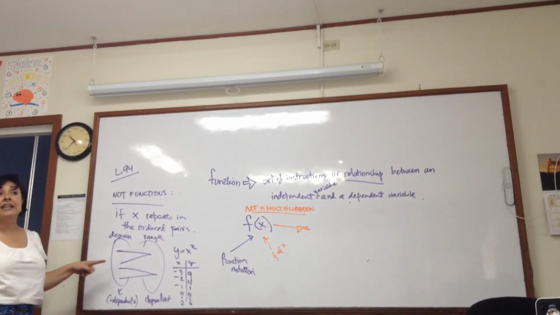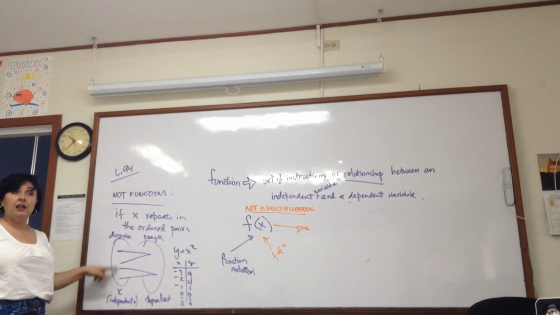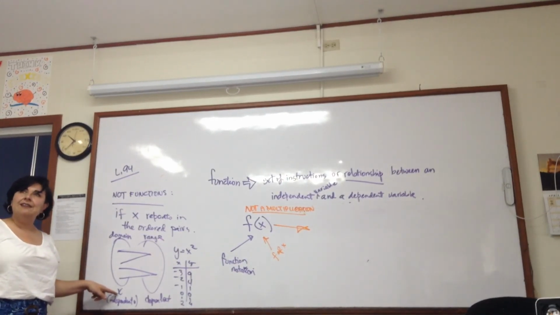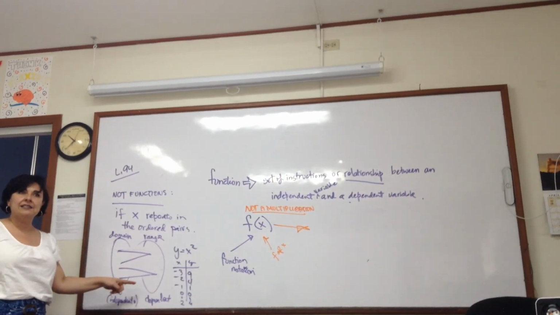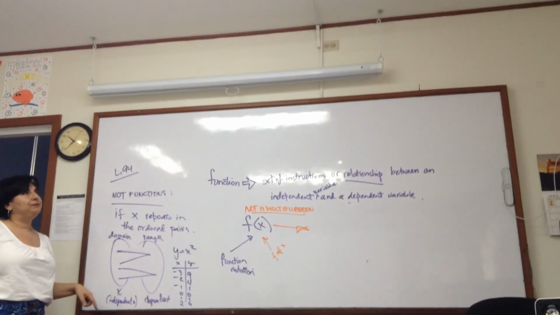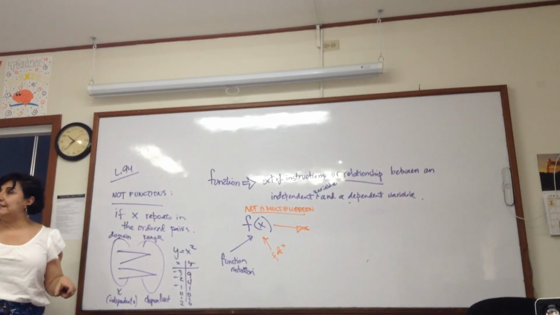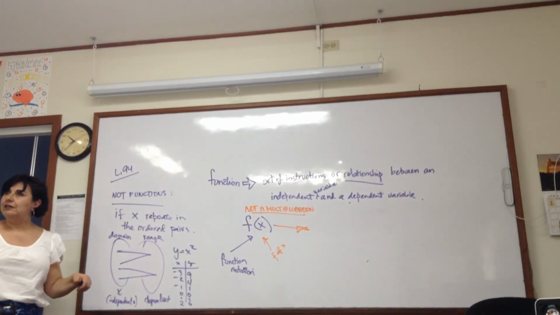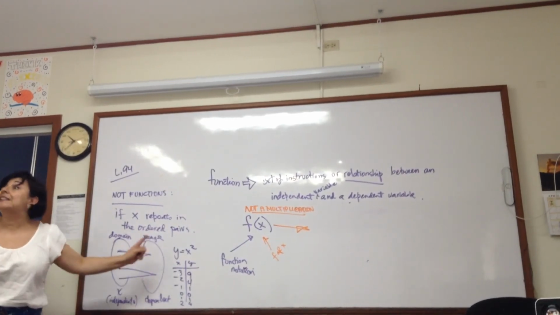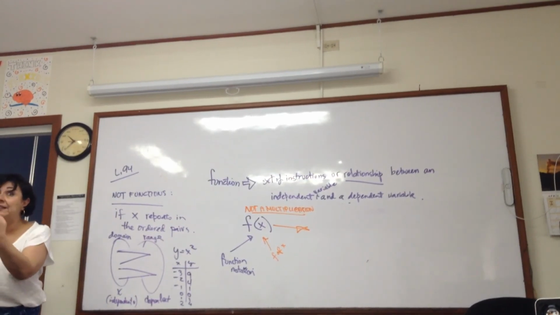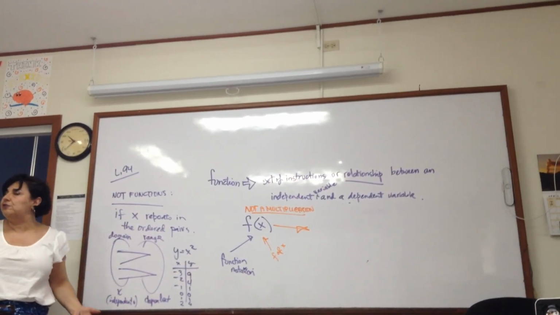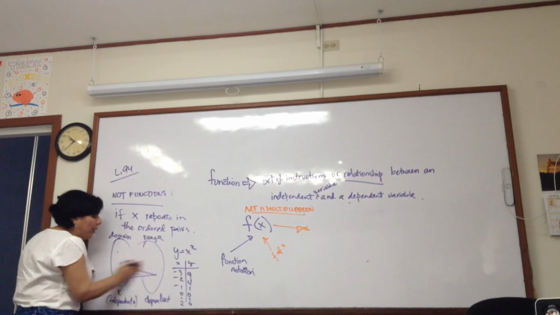I can get different types of cakes from the same ingredients. But can I get all different types of cakes from the same ingredient? No, I need a variety of ingredients, right? So I can't do this backwards.